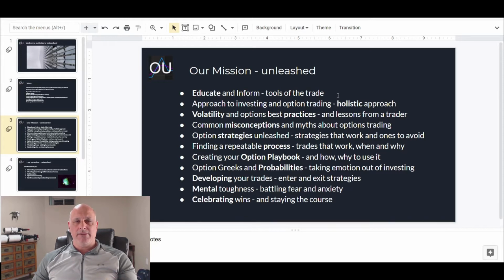I have a long portfolio, I have an IRA, I have a 401k, I have a brokerage account, and then I have the option account and yet another account. So you may be just starting out with where do I open an account? Where do I go?